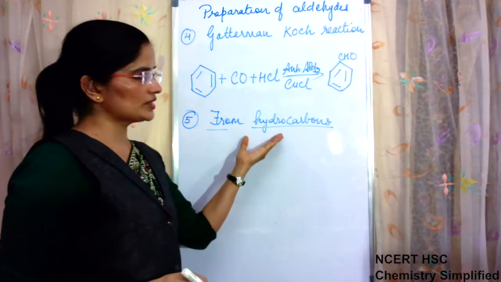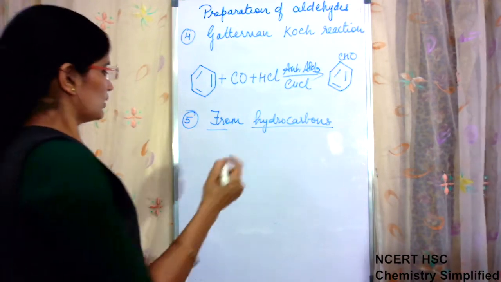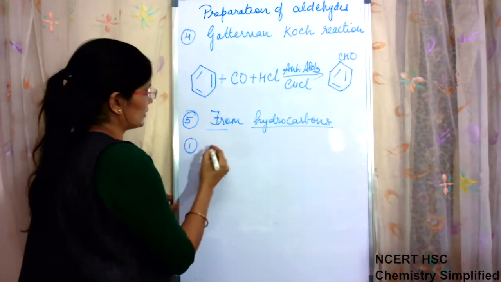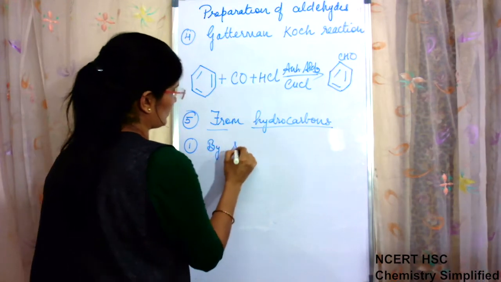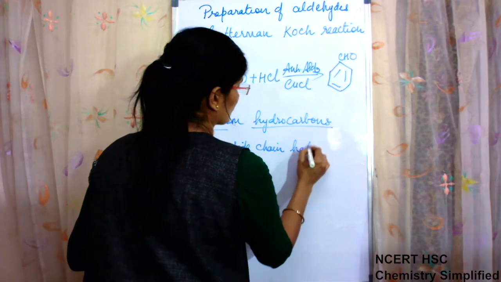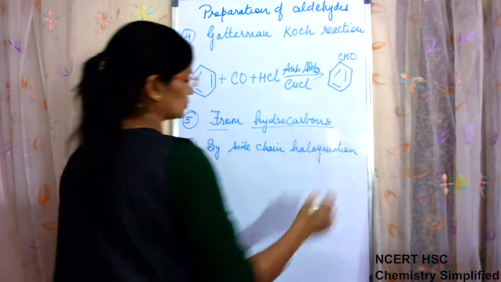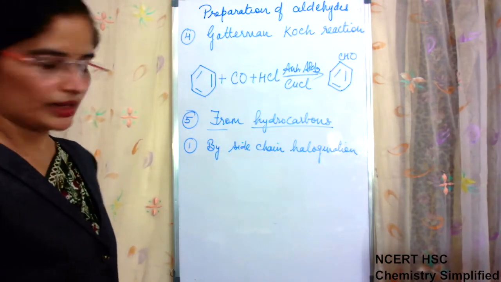How by using hydrocarbons we can prepare benzaldehyde. One way to do it is by side chain halogenation.